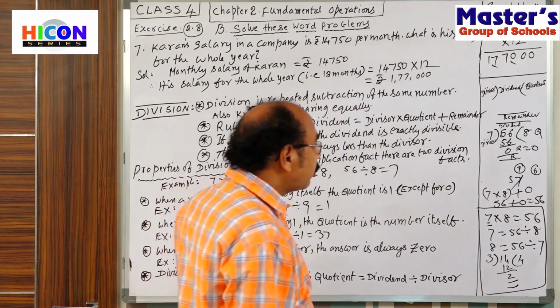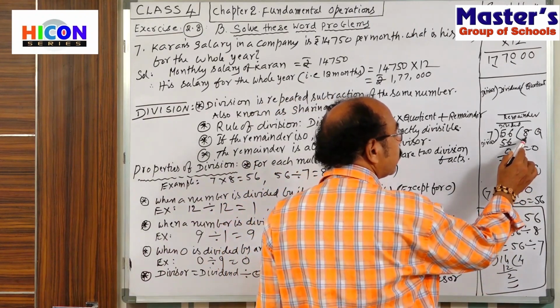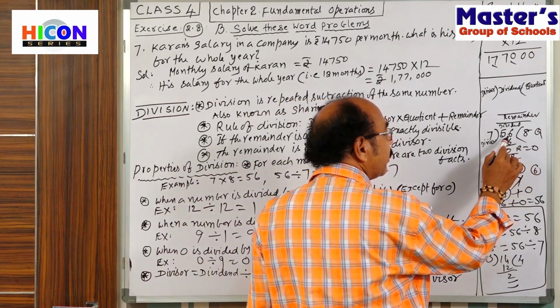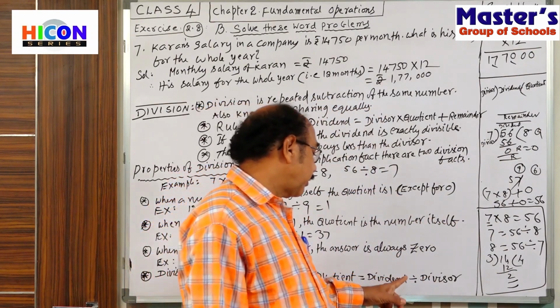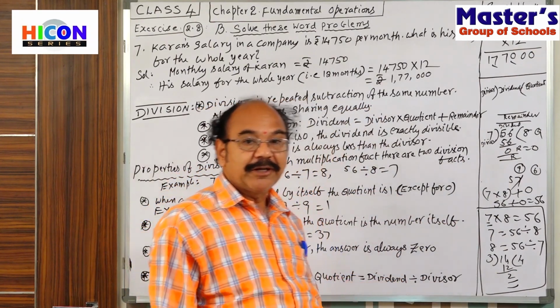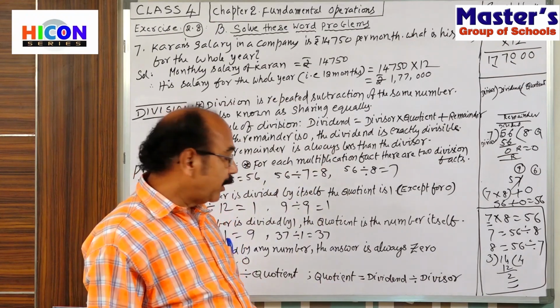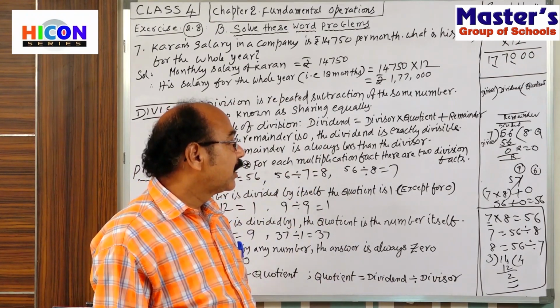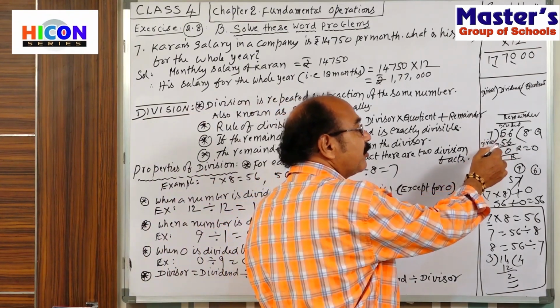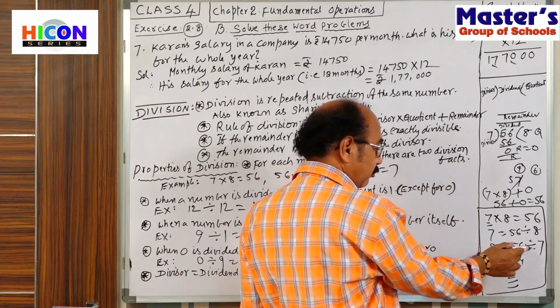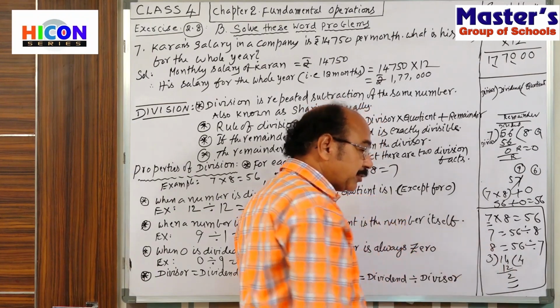And if you want to get quotient, then divide the dividend with the divisor. So quotient is equal to dividend divided by divisor. Dividend is 56, divisor is 7. 56 by 7, then 8. That is the quotient.